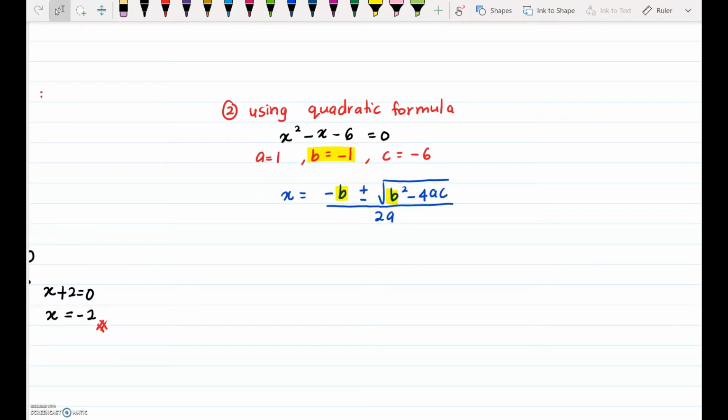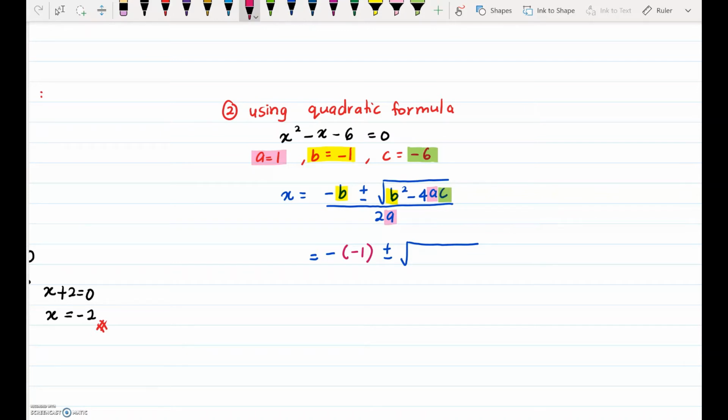Your b is negative 1, your a is 1, and your c is negative 6. Kita boleh substitute je. So bila kita substitute, b dia adalah negative 1, and then plus minus square root of b squared.